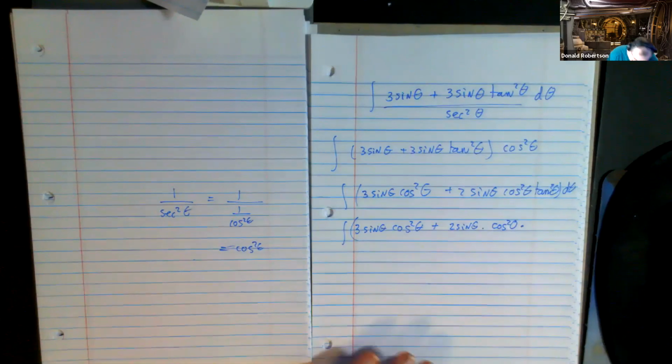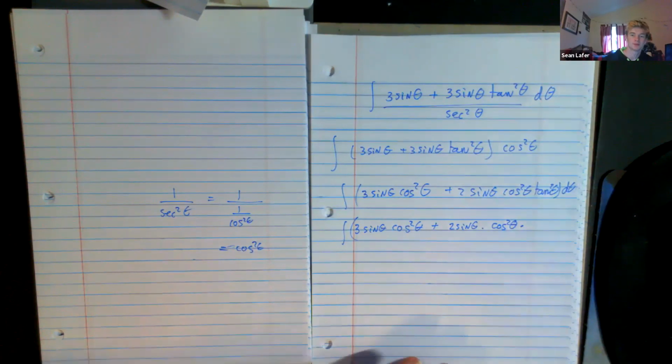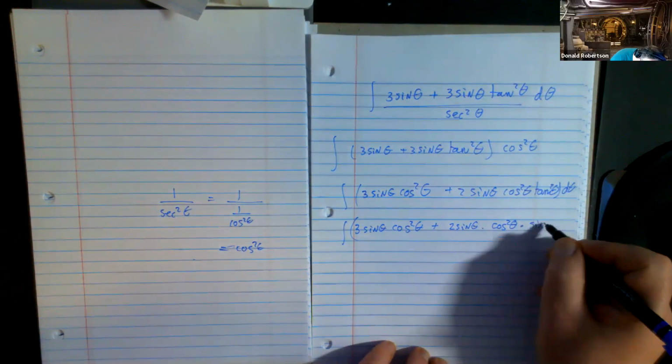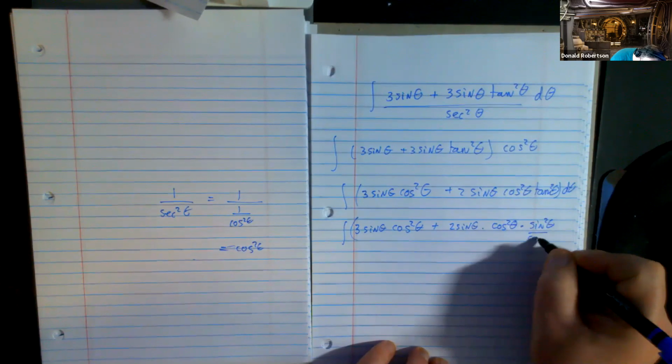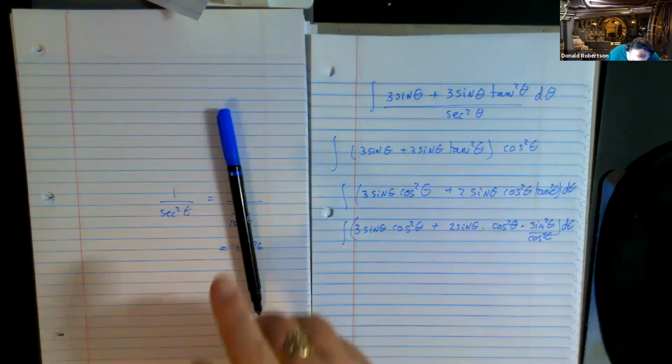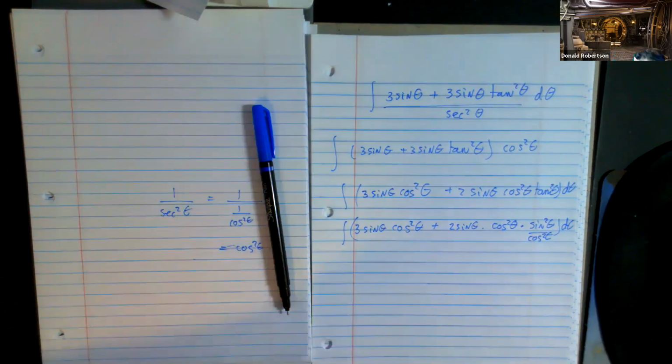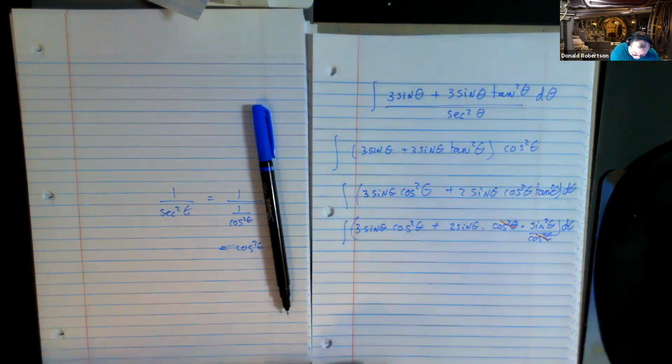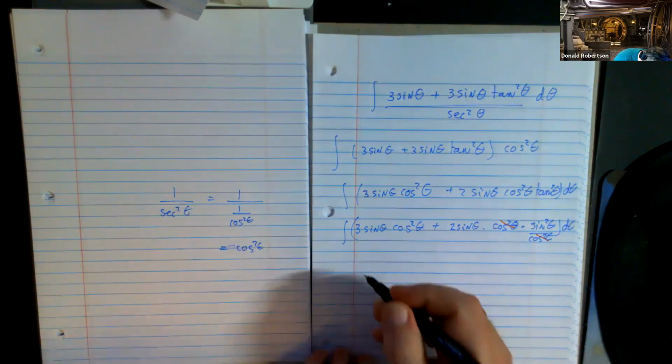Can't you turn tan theta into sine theta over cosine theta? Yeah. And so tan squared will turn into sine squared theta over cos squared theta. And then, kind of like magic, they cancel out.